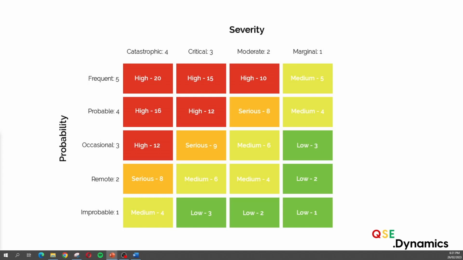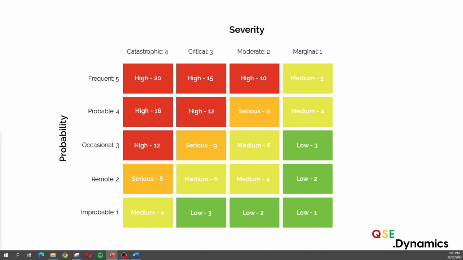If you don't mind not knowing if a serious 8 is a moderate and a probable risk score, or a remote and catastrophic risk score, then by all means, if you're wanting to implement the same controls one way or another, then maybe that's a level of detail you don't necessarily need. Again, there's no hard and fast rules about this.